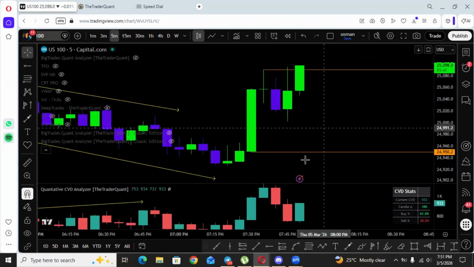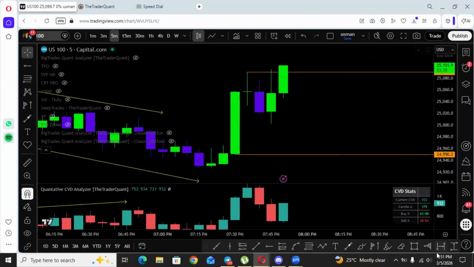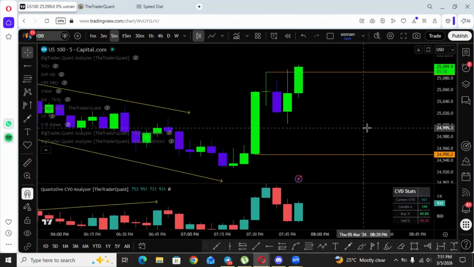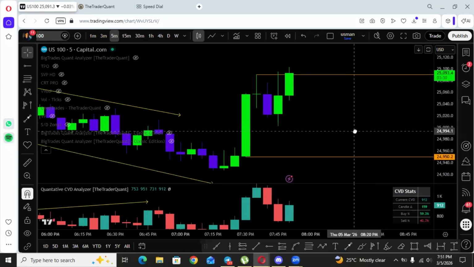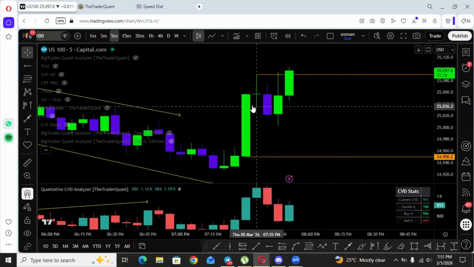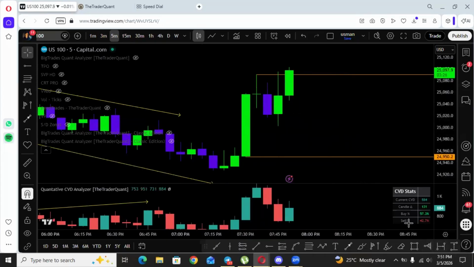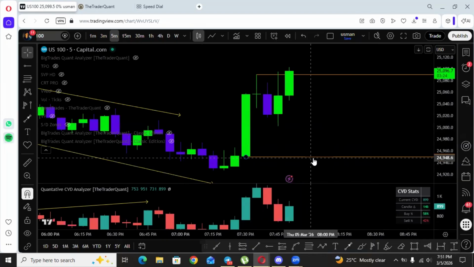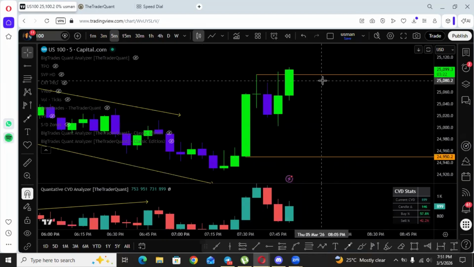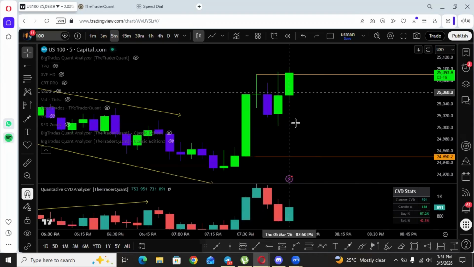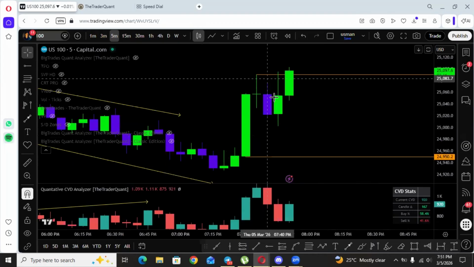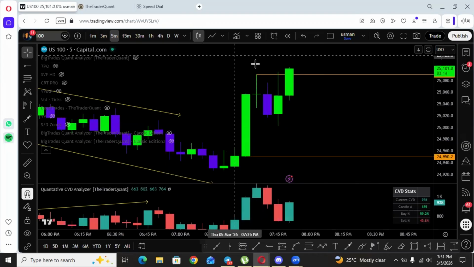If we say it is 9:30 a.m. US time, in my country it is different. From 9:30 to 9:45, the first 15 minutes, we will mark the high and low, and this is how we trade the first 15 minutes of the cash session.